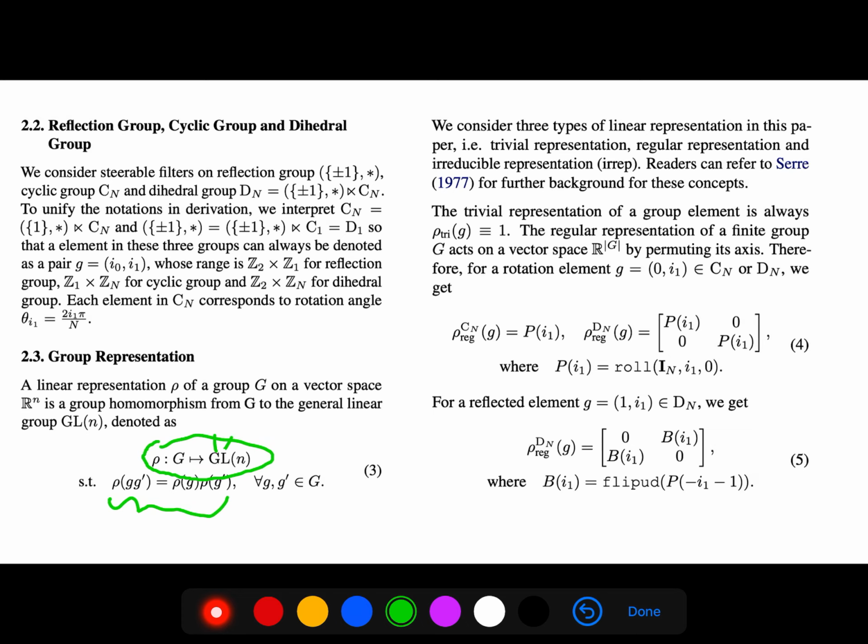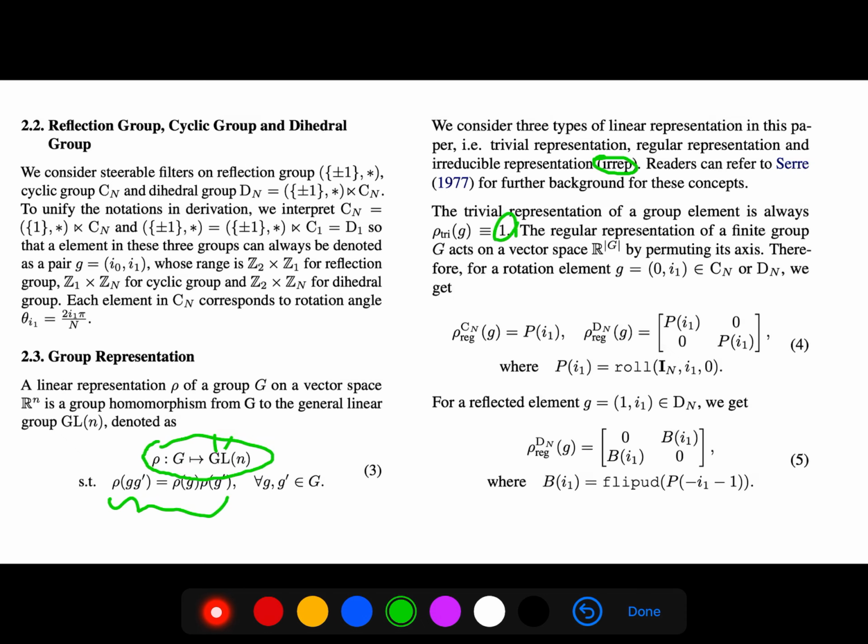There are three different kinds of linear representation: trivial representation, regular representation, and irreducible representation. We write irrep to say it is irreducible. The trivial representation is always 1.